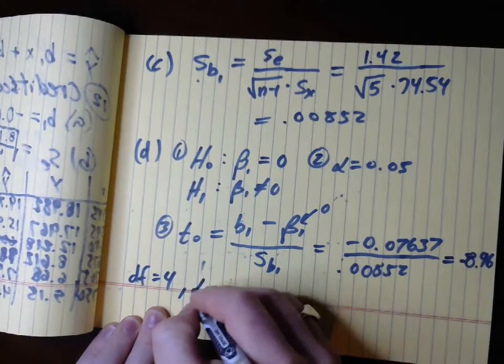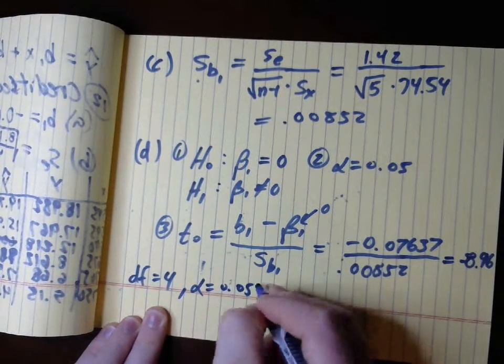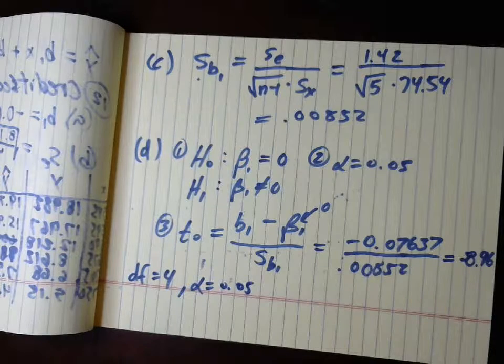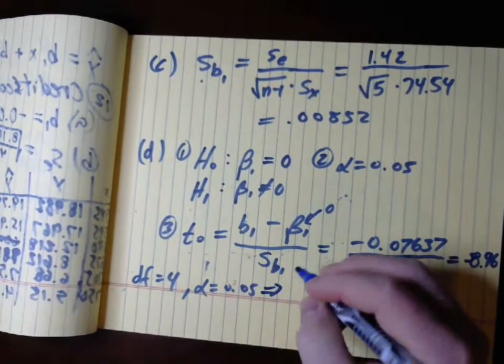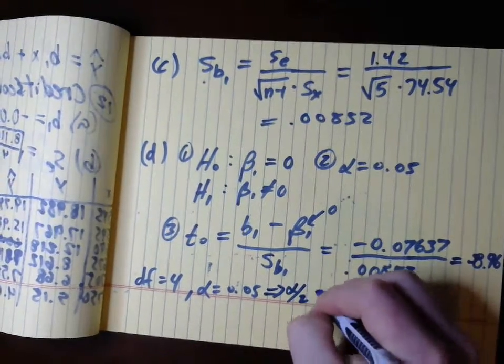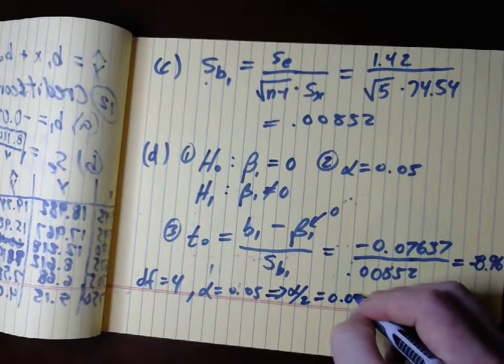and our alpha equals 0.05, and we would be looking up on the t-table what our critical value would be, with 0.05 and degrees of freedom 4. With the two-tail test, watch out, since it's a two-tail test, we actually need to look up alpha divided by 2 equals 0.025.